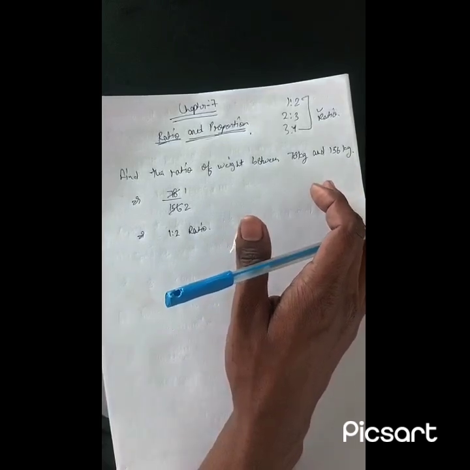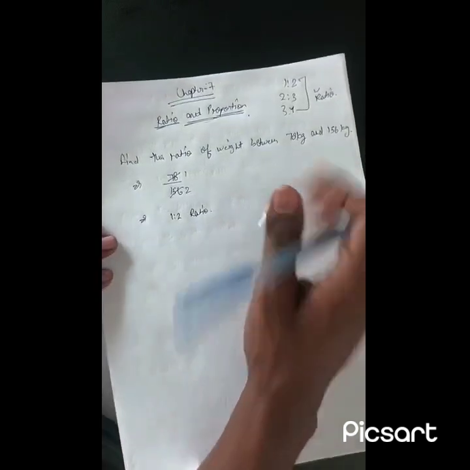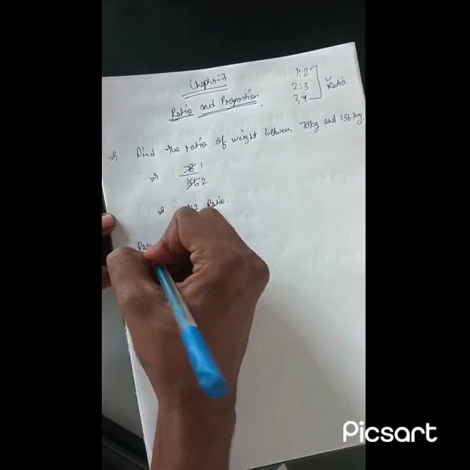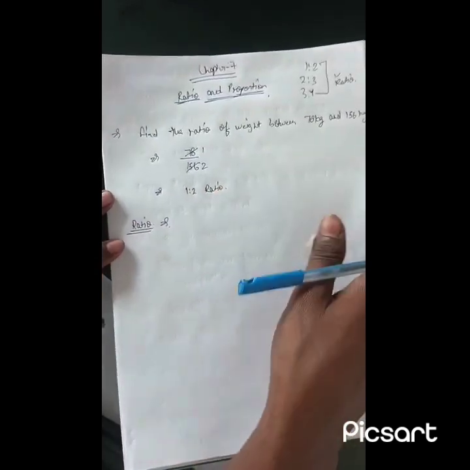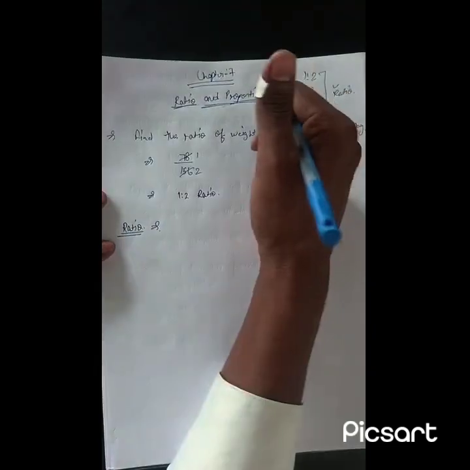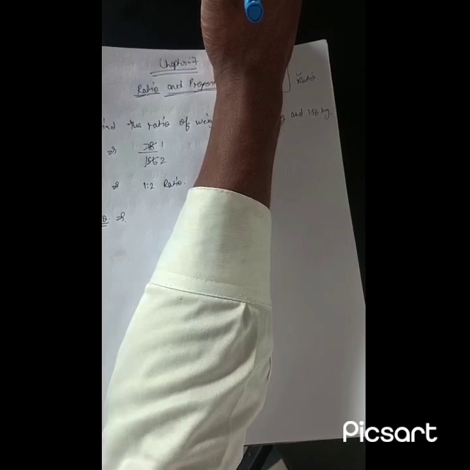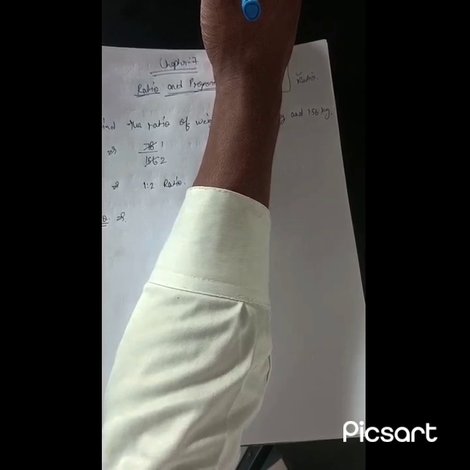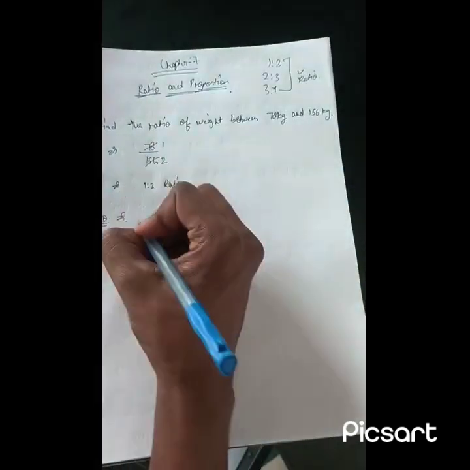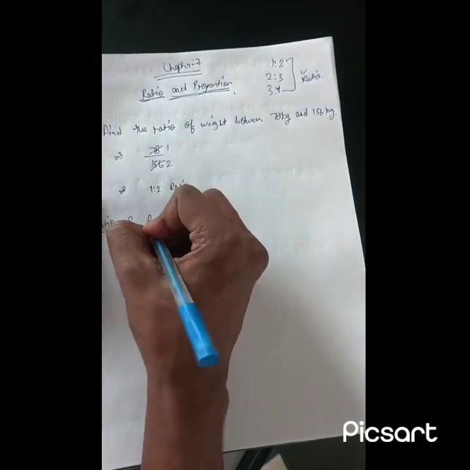So here it is saying what is a ratio. It is saying the ratio is the comparison between any two quantities, right?